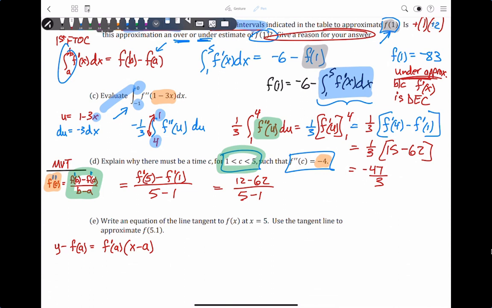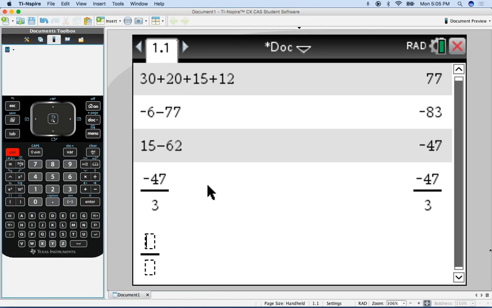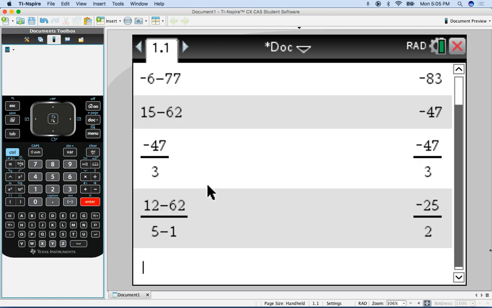Now this is basic mean value theorem. So I'm going to do 12 minus 62 over 5 minus 1, and we get -25 halves. So -25 halves is like -12.5.